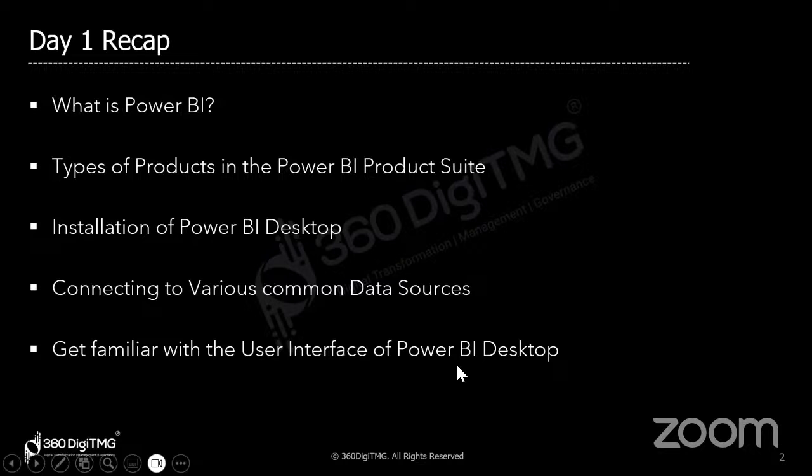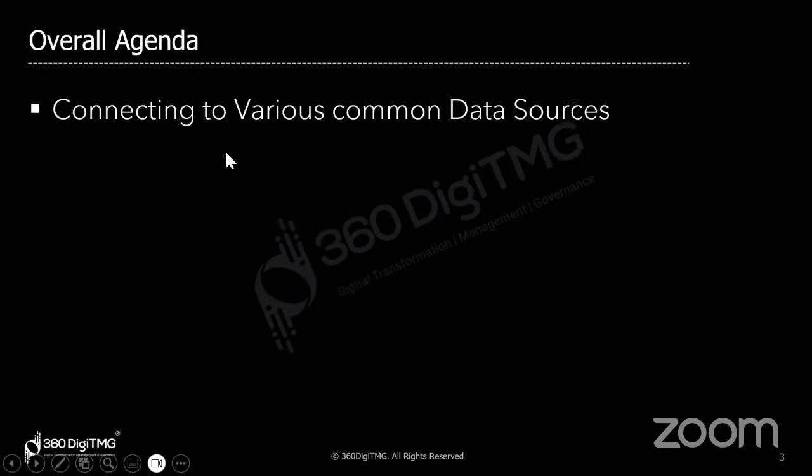All right. The agenda for today is to look at connecting to a few more common data sources like MySQL Server and PostgreSQL Server, because as part of our SQL training, we had learned PostgreSQL. So you might want to know how to connect Power BI to that and how to get data from PostgreSQL Server here. We'll also see how to connect to data coming from the web, some web page.